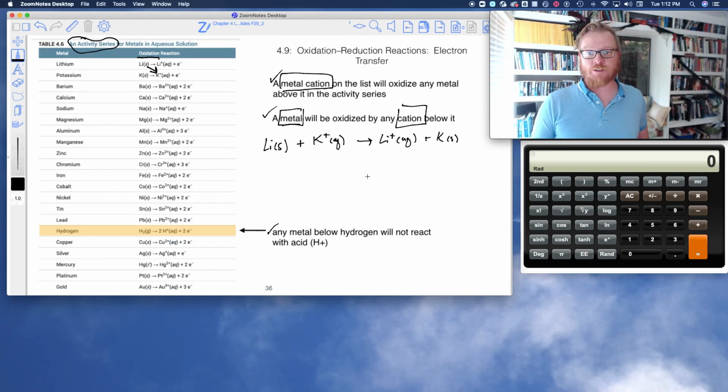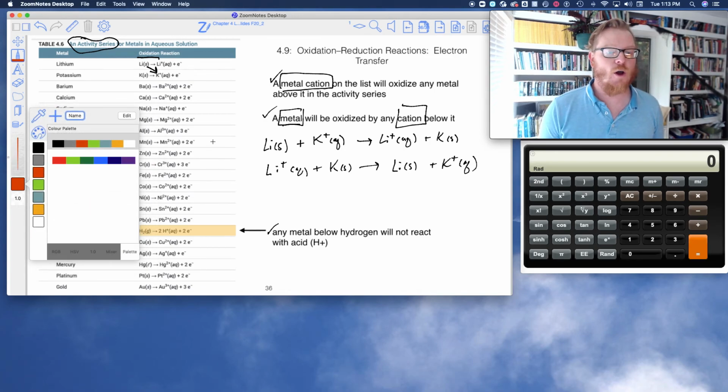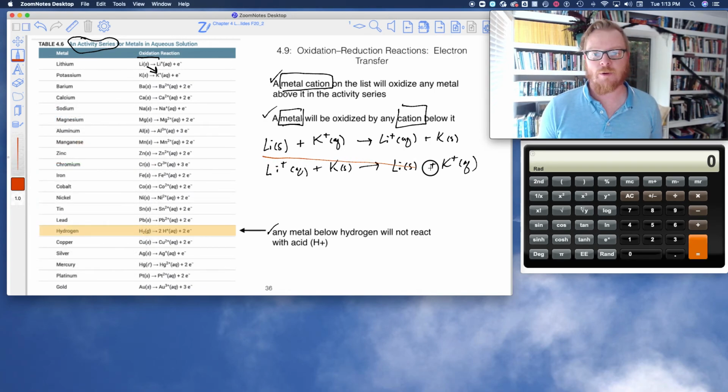In other words, if I now write lithium plus K solid, so I'm basically writing this reaction in reverse, that is no bueno. I want to put a big X through it, okay?